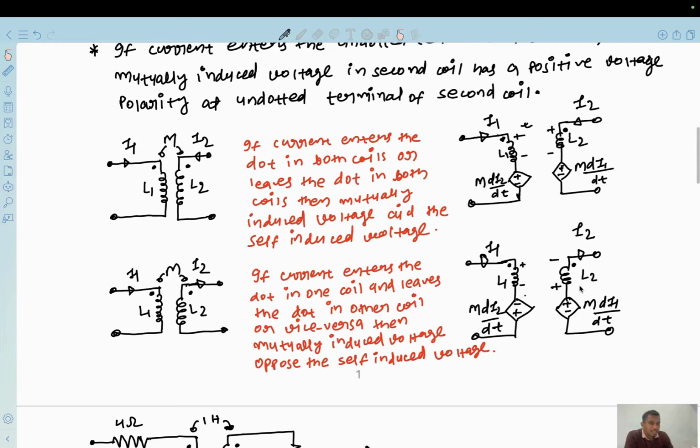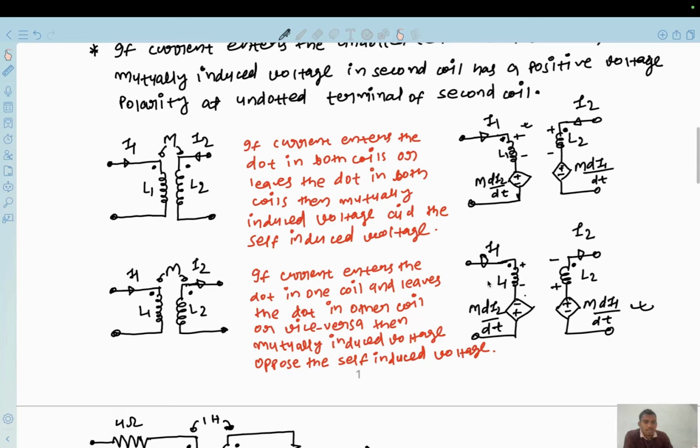Here this plus minus is the polarity of self-induced voltage in coil 2, because current will always flow from higher voltage to lower voltage. So this will be the polarity of self-induced voltage, and here we have given the polarity of mutually induced voltage in such a way that this mutually induced voltage is opposing the self-induced voltage. Here also this mutually induced voltage is opposing the self-induced voltage.